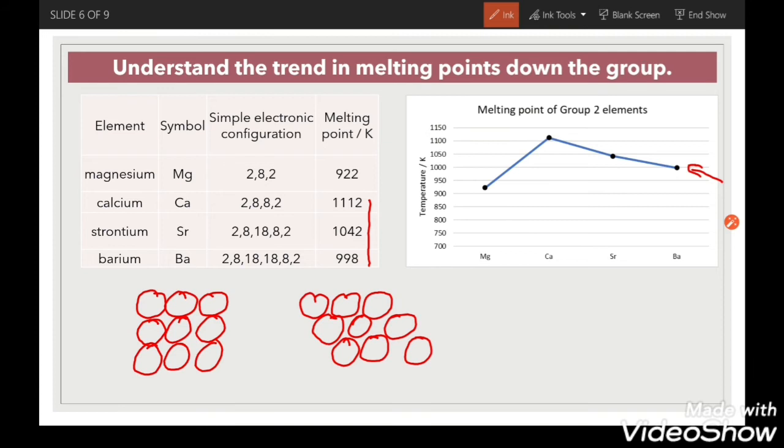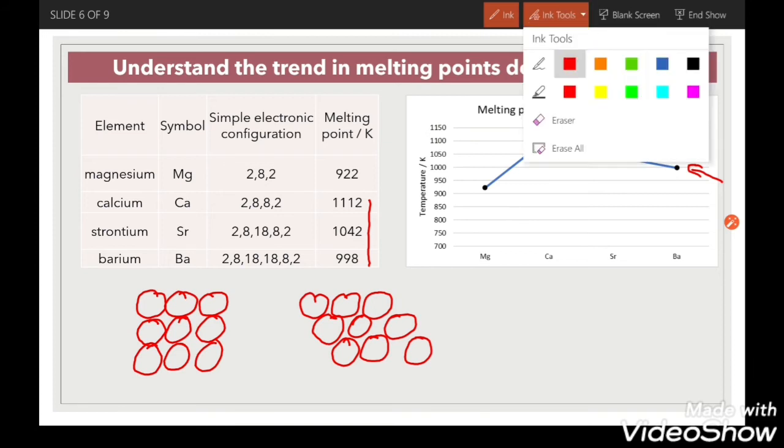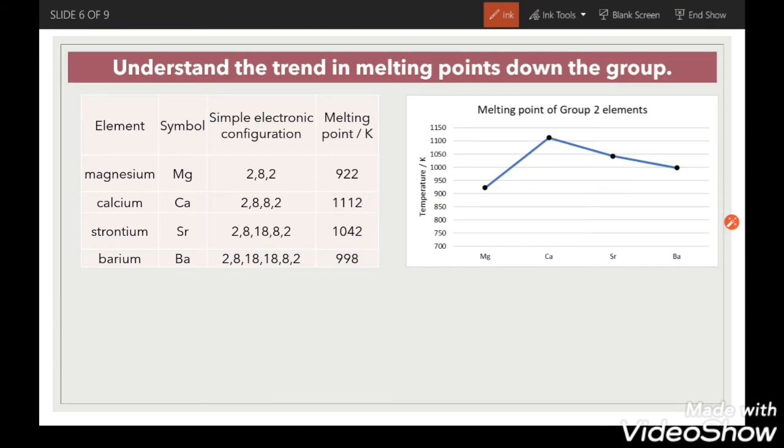Some of the properties this may affect is the melting point, as the atoms are more closely packed together. But like I said, we don't really need to know that. So I'm going to erase all that stuff.